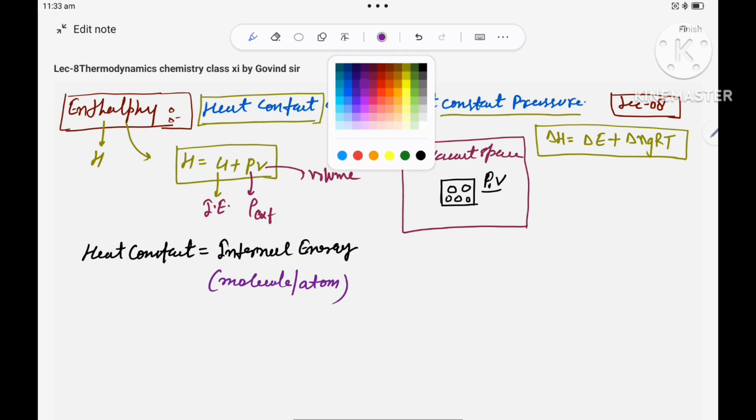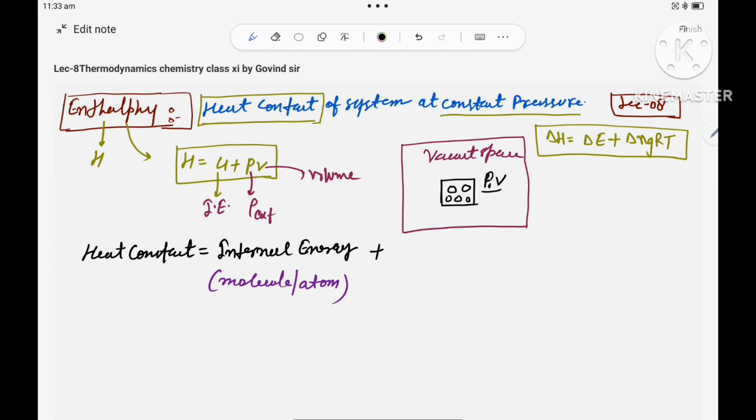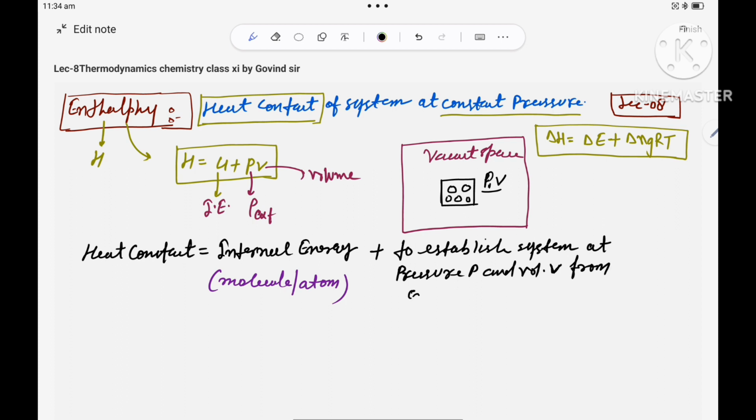Then plus the energy to establish the system at pressure P and volume V from empty space.